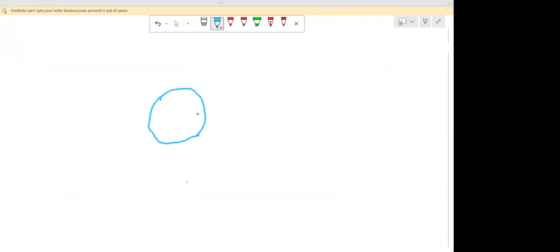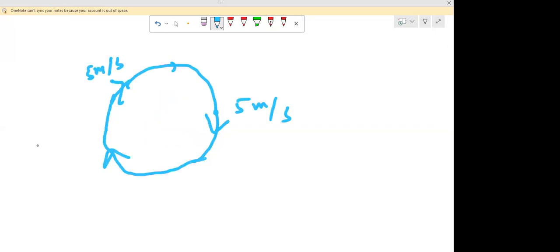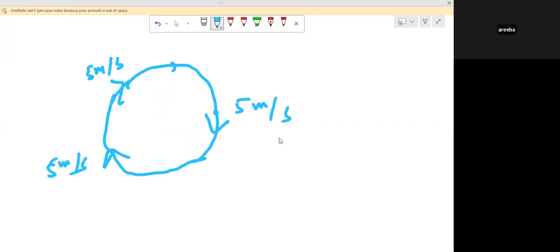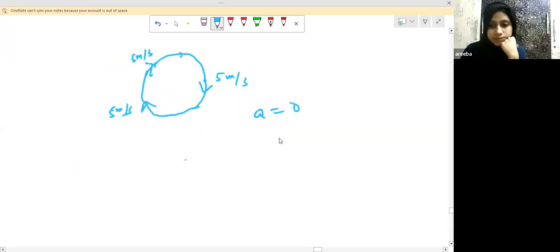My object is moving like this. Let's say here it is 5 meters per second, and at this point also 5 meters per second. So the person who hasn't attended this lecture might say that acceleration is zero because the speed is the same everywhere. There is no change, right?